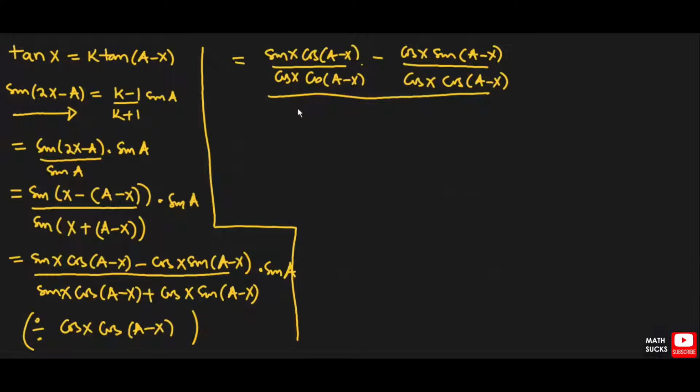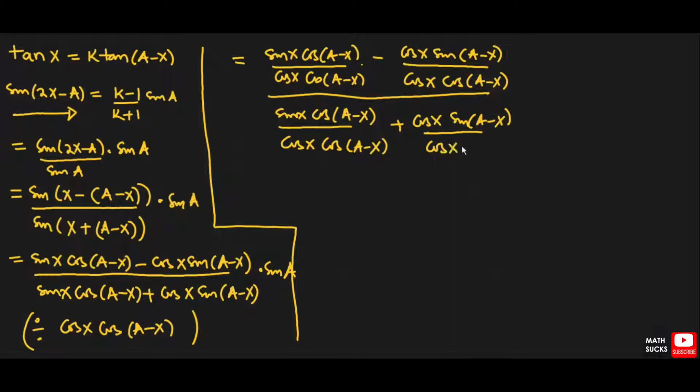Then the entire thing up and down, also we have down here sine of x, cosine of a minus x, then divided by the same term, cos of a minus x, then plus cos of x, sine of a minus x, then by the same term. Sometimes trigonometric proofs may seem to be intensive, but again, you just need to harden to be able to prove it. So this is that.